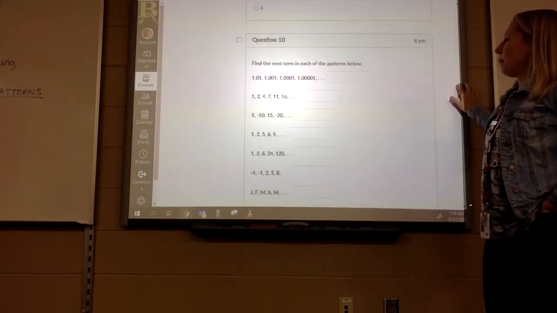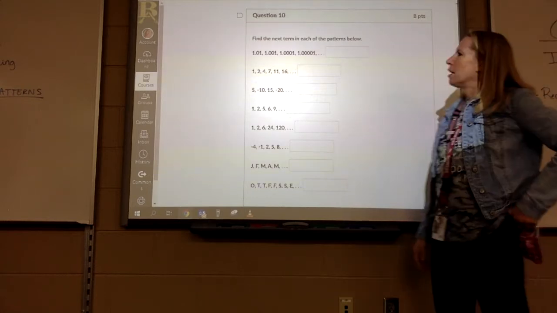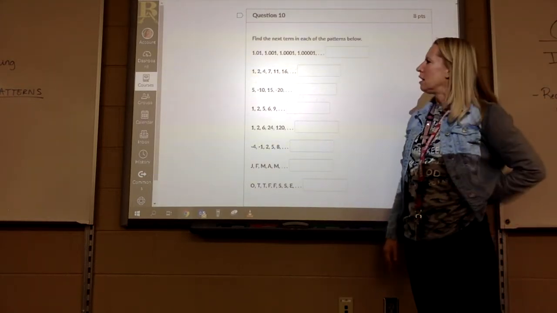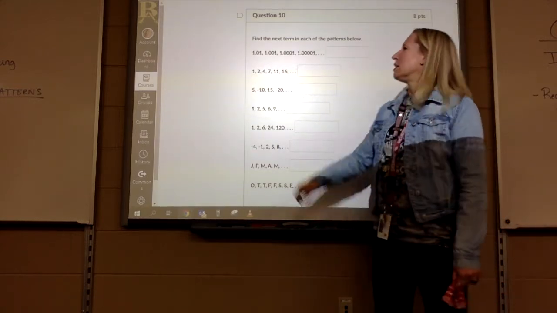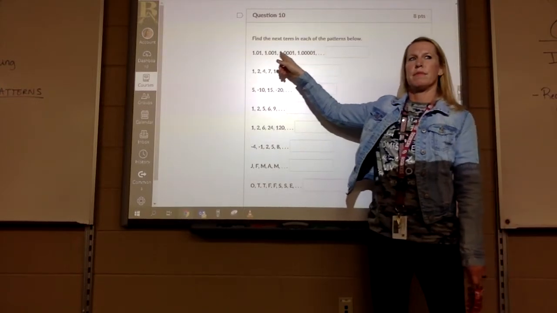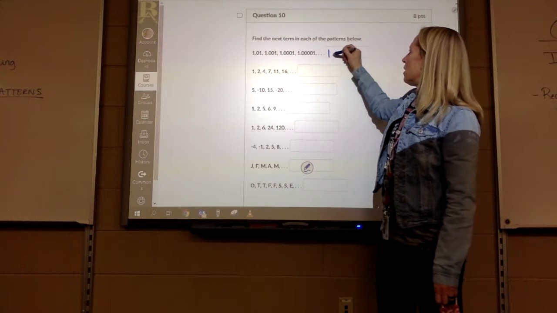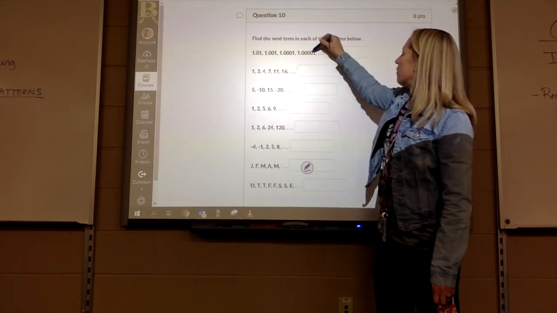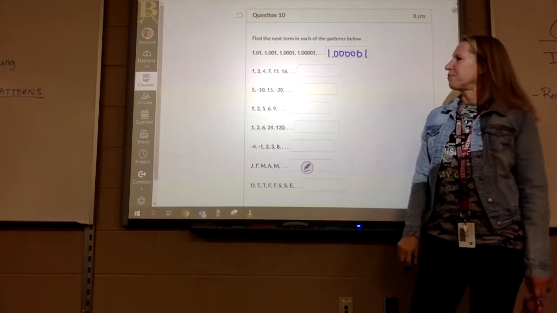Go to number 10. Is everybody at number 10? So this first one, do you notice a pattern on this first one? You're just adding another 0. So it would be 1, 2, 3, 4, 5 zeros, right?